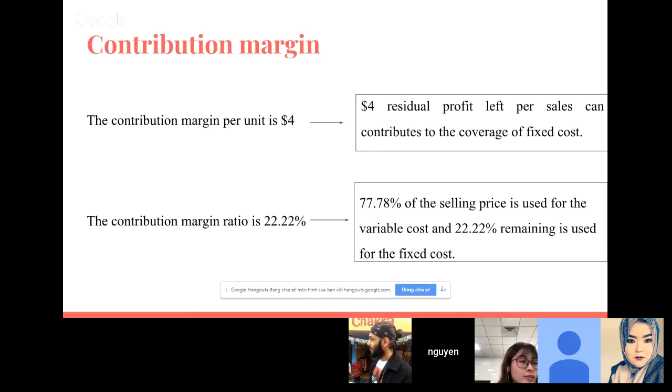The contribution margin ratio is around 23%, meaning that around 78% of the selling price is used for the variable cost, and around 23% remaining is used for the fixed cost. And we move on with the presentation.